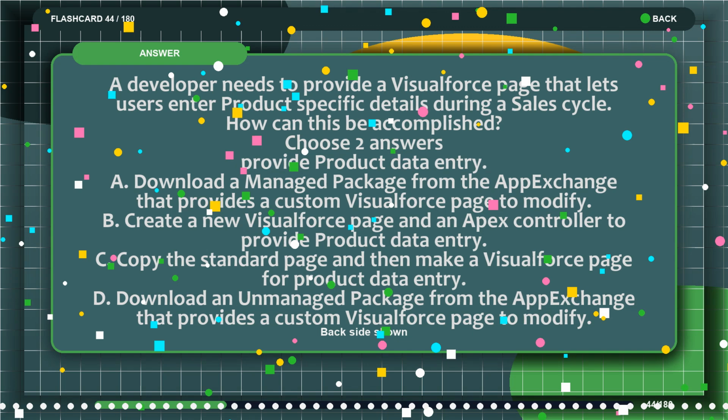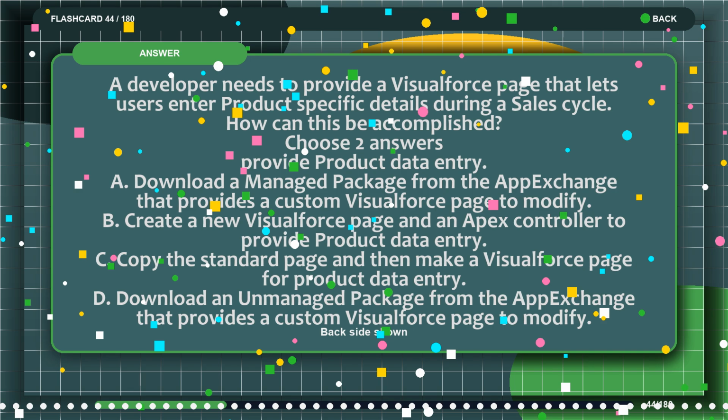The answer is: a developer needs to provide a Visualforce page that lets users enter product-specific details during a sales cycle. How can this be accomplished? Choose two answers. A. Download a managed package from the AppExchange that provides a custom Visualforce page to modify.